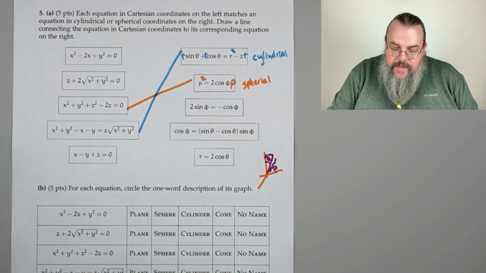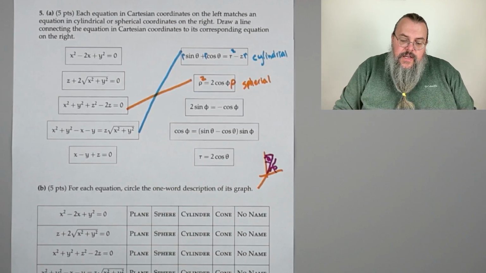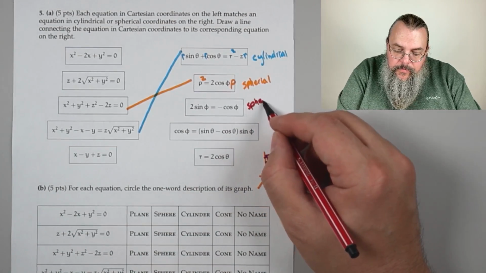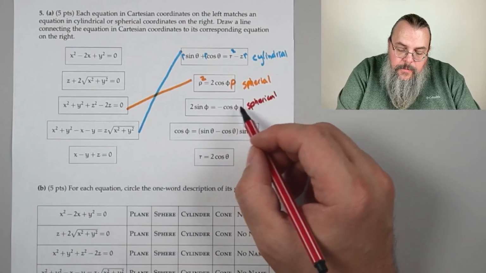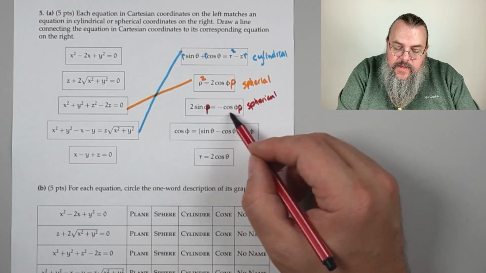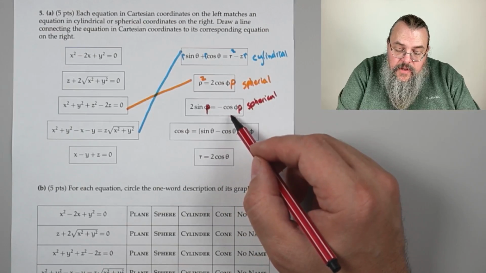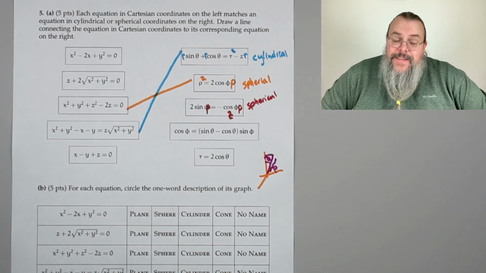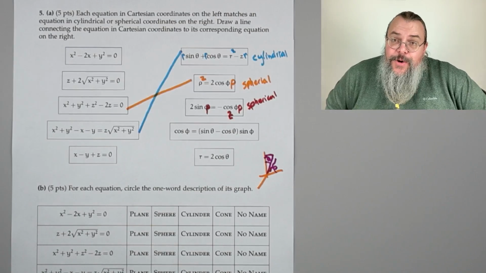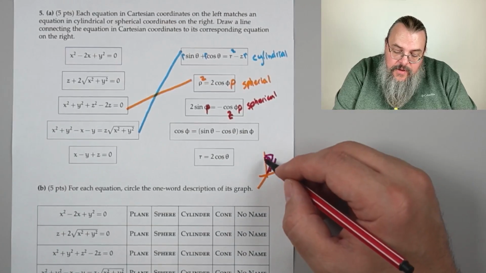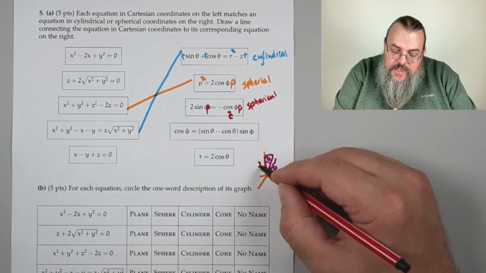Okay, what's next? 2 sine phi is minus cosine phi. The phi tells us we're spherical. Now I want to multiply through by rho. We talked about cosine phi times rho; that becomes our z. What about sine of phi times rho? Cosine finds your adjacent, which is z.